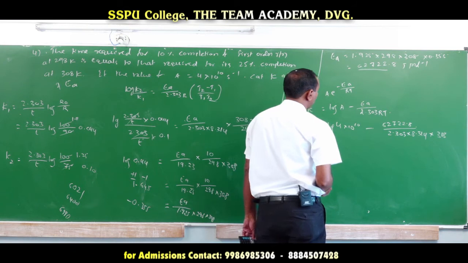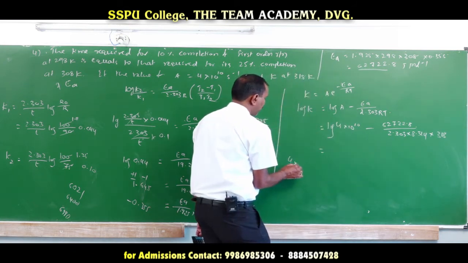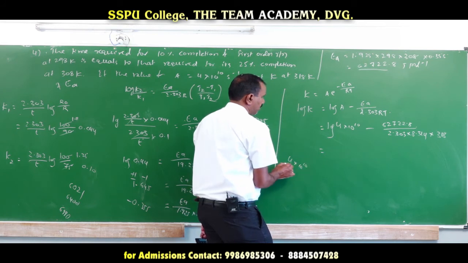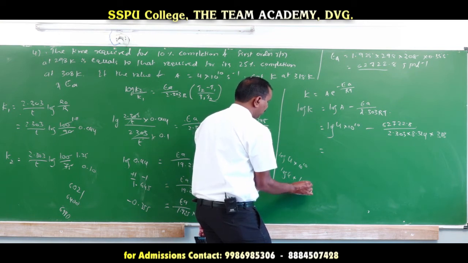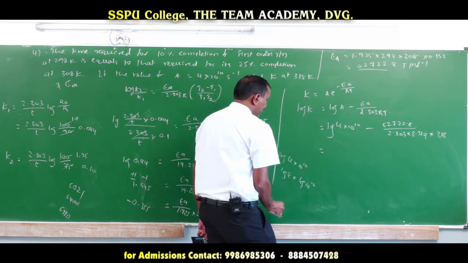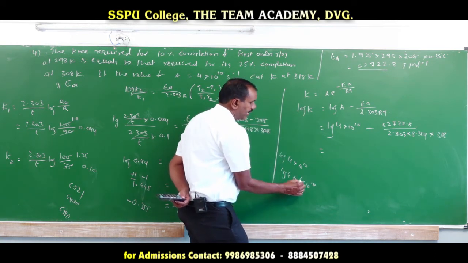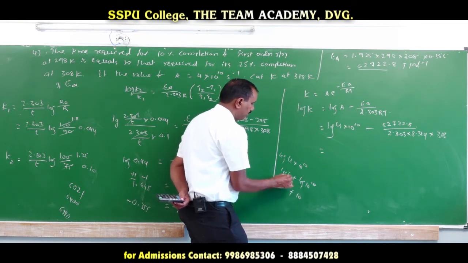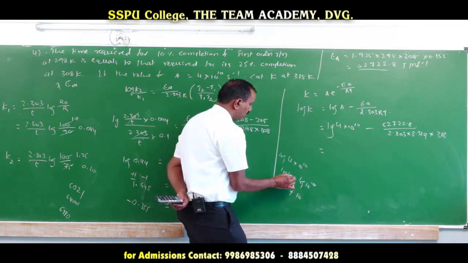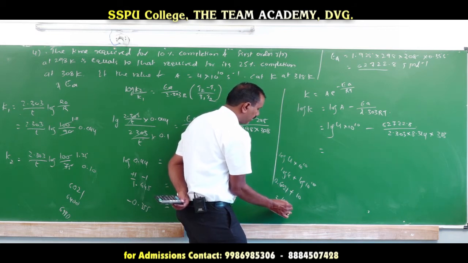So log of 4 into 10 to the power of 10 we may write as log 4 plus log 10 to the power of 10. That is 10 into log 10, and log 10 value is 1. That is 10 plus log 4, characteristic 0, 40 under 0 is 6021. Then total value is 10.6021.